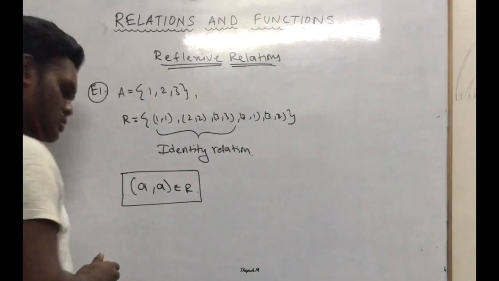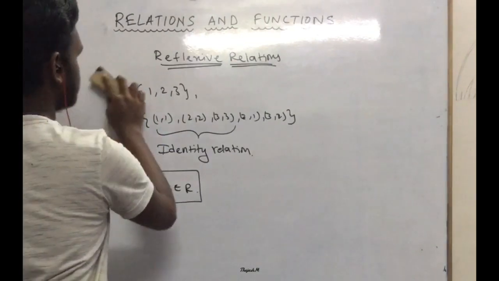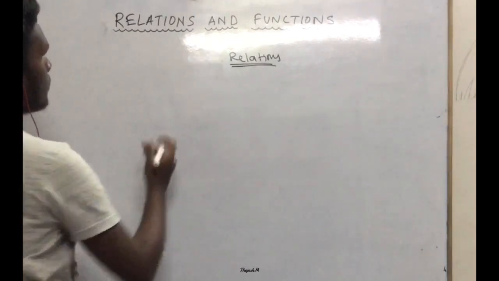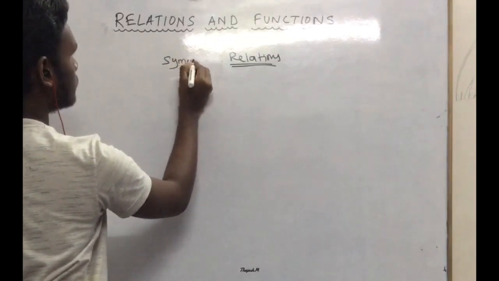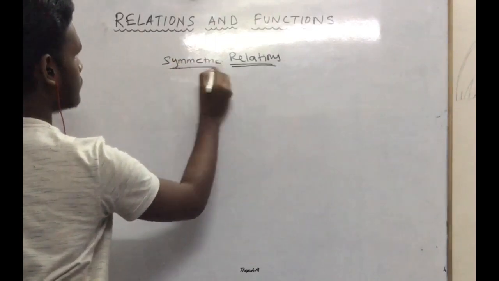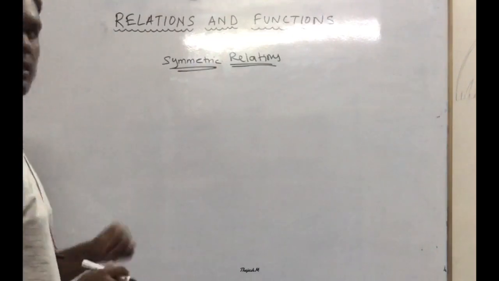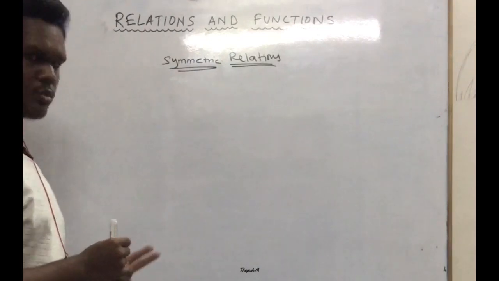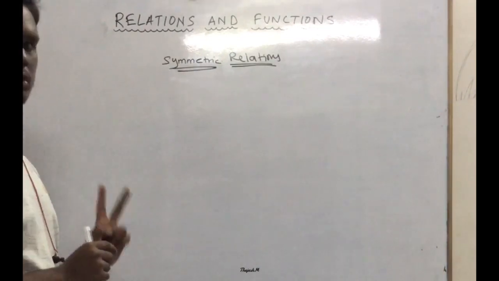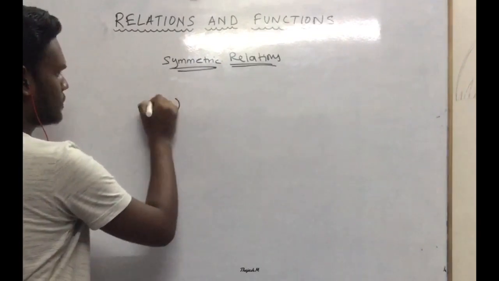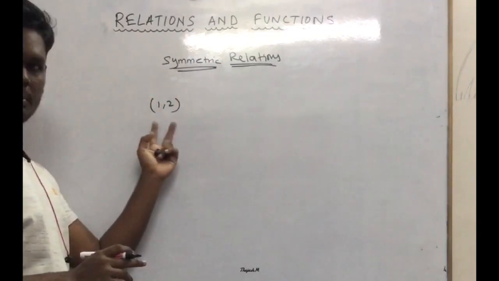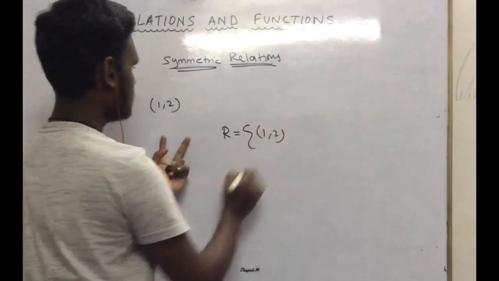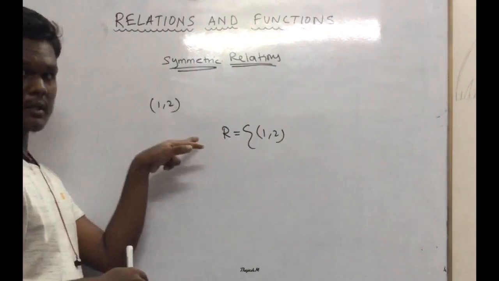Okay, let's see the symmetric relations. So in a symmetric relation, if there is one ordered pair, let's say the first ordered pair is (1, 2), then this ordered pair should be in the relation, (1, 2), and its reciprocal.